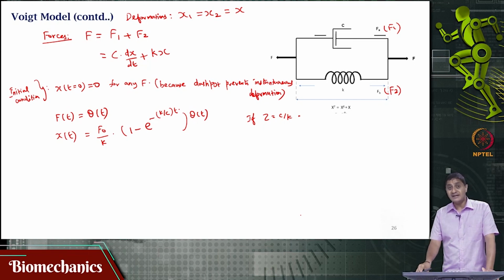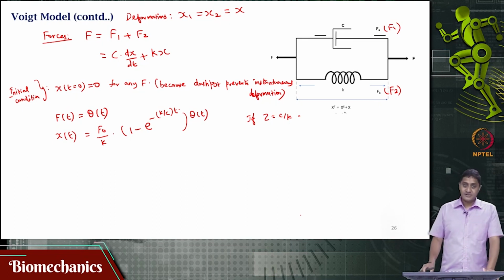Because this is 1 minus e power minus t by tau, it is not e power minus t by tau. E power minus t by tau is a decreasing function. This is 1 minus e power minus t by tau, which is an increasing function, right. That is along expected lines, because that is what you would expect from a viscoelastic material, because this is the creep behavior.